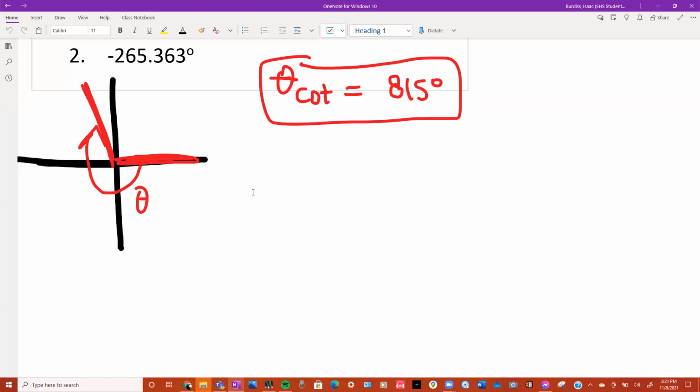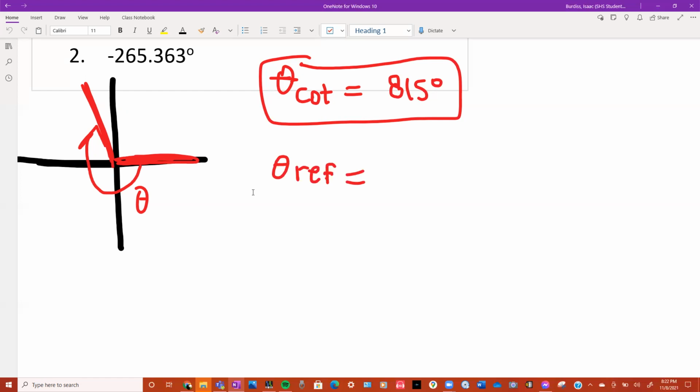Reference angle. This time the terminal side is in quadrant 2. I should have specified in the table that it's for the terminal side.